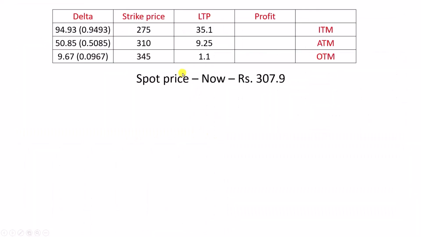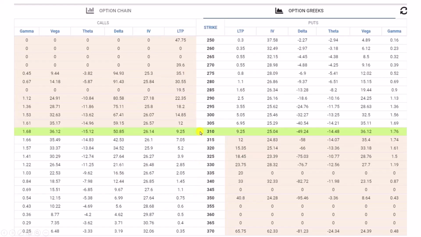One is at the money 310, one is out of the money 345, one is in the money 375. I have copied down their LTP and delta values too. So if you pause the screen and note them down, you can calculate along with me.